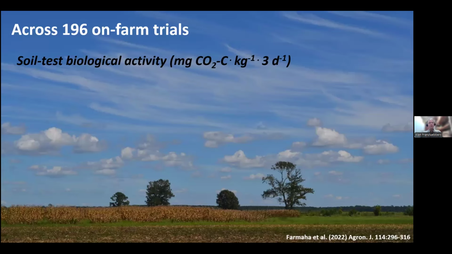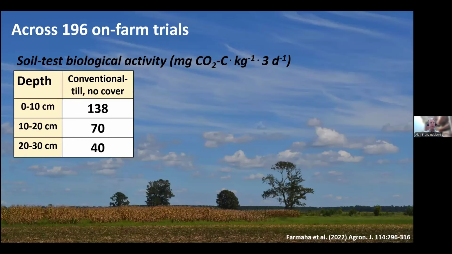So I want to give you a little flavor of some of the conservation effect on soil biological activity. In this case, these are 3 depths: 0 to 10 centimeters, 10 to 20, and 20 to 30 centimeters. It shows that under conventional tillage with no cover, there's a higher activity near the surface and it declines with depth, which is what we would expect.